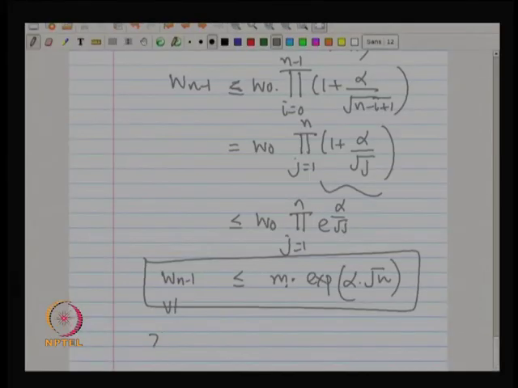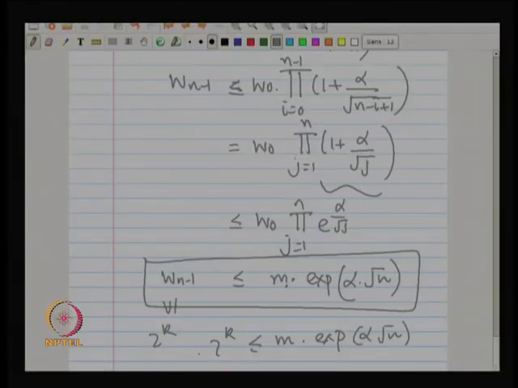So if a line intersects at least k times, the total weight of lines will be at least 2 to power k. So 2 to power k is at most m times e to the alpha root n. Now if you take the log on both sides, you are going to get k to be the square root of n.